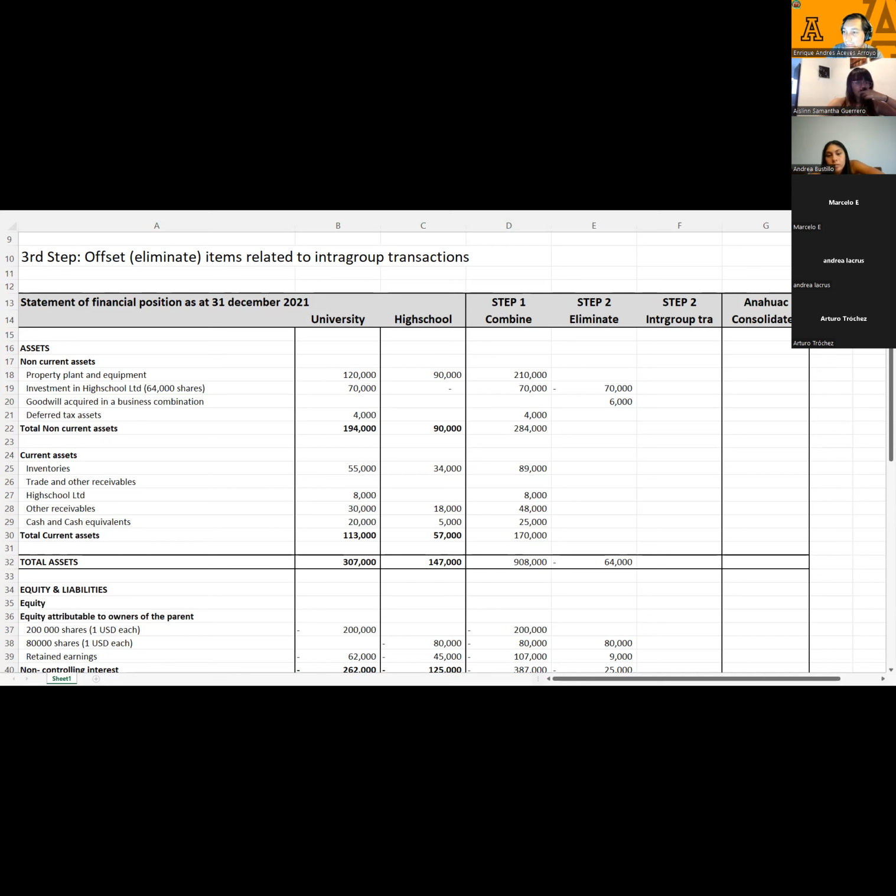In Spanish, es pruebas de deterioro. Would it be the non-current assets? Like all of them? Maybe, I don't know. When you said deterioro, I think maybe it would be like the property, plant, and equipment.